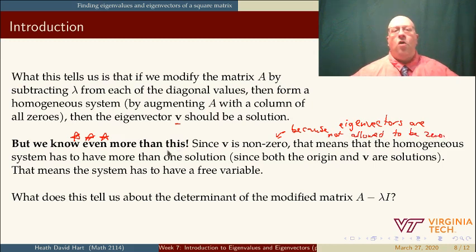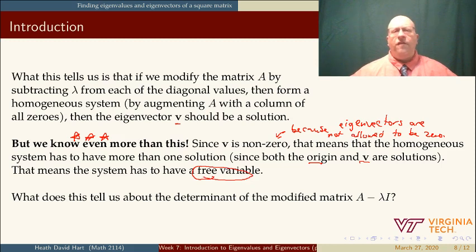And that means a homogeneous system has to have more than one solution. It will have the trivial solution, the origin, and it will have V. And as soon as you have two solutions, you have an infinite number of solutions. And that means the solution has to have a free variable. And that was the third thing that I mentioned a moment ago.